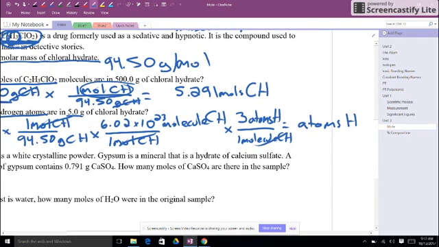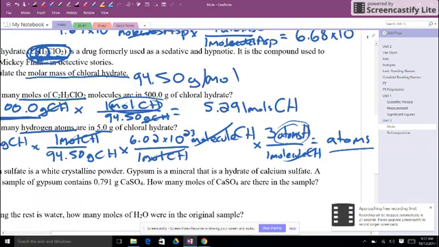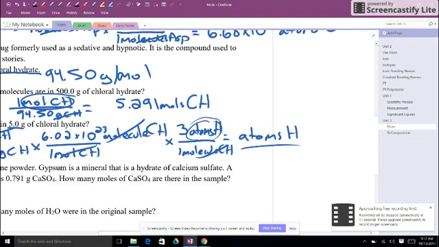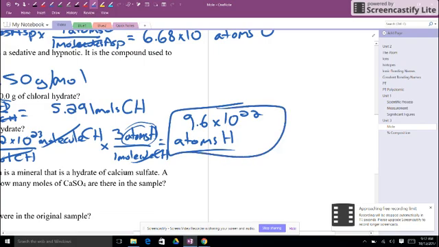So our setup is done because our unit on top matches what we're looking for. On my calculator, I would do 5 grams divided by 94.5, multiply that by 6.02 times 10 to the 23rd, and then multiply that by 3. And we end up with 9.6 times 10 to the 22 atoms of hydrogen.